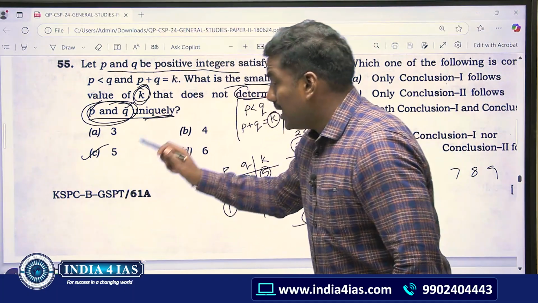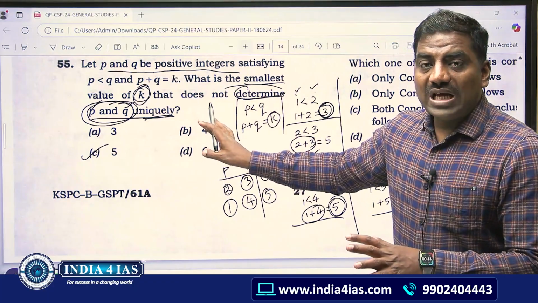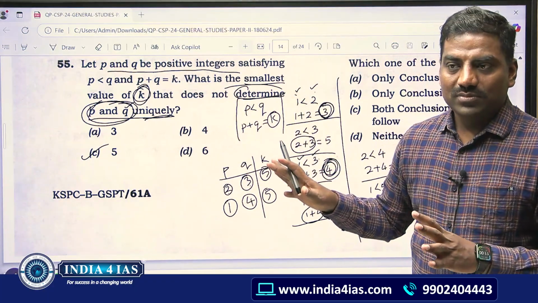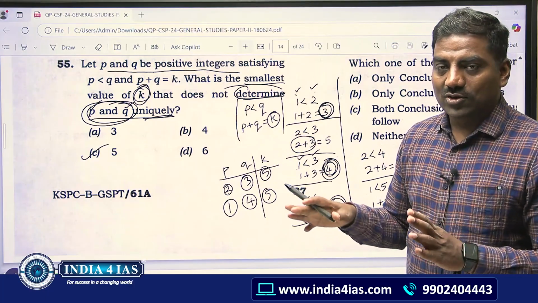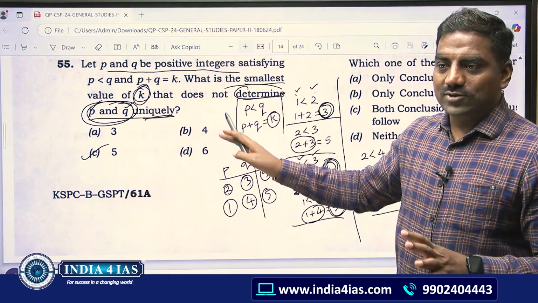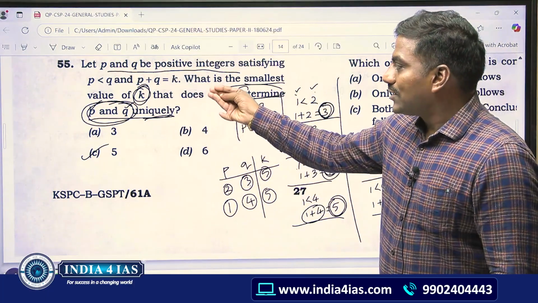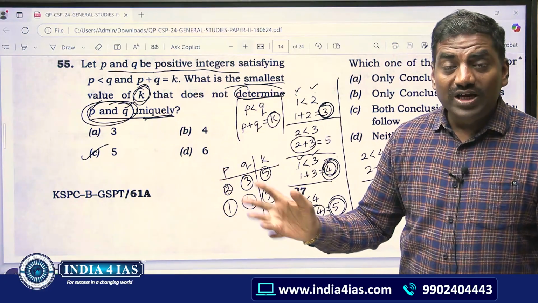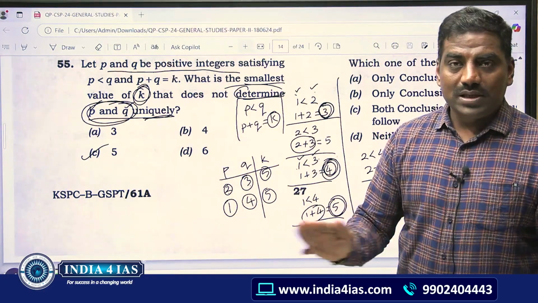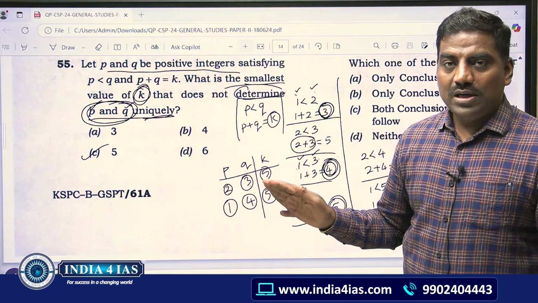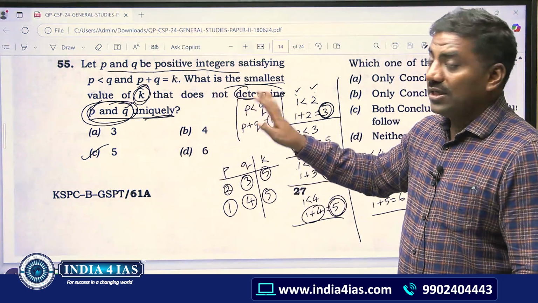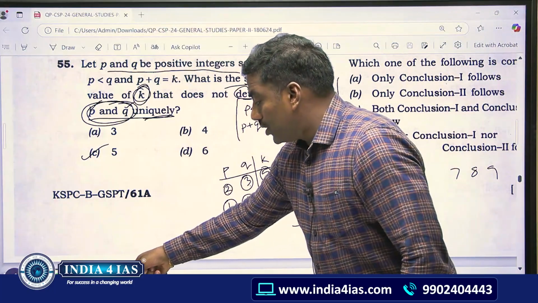But more than 50% of the aspirants will not understand this problem at all. So when you don't understand in the first go, please don't take a risk in this question, because this looks very simple, very small, 3, 4, 5, 6. You feel that you can solve the problem, but it is very difficult to understand the English written here. So for this, your language has to be good.